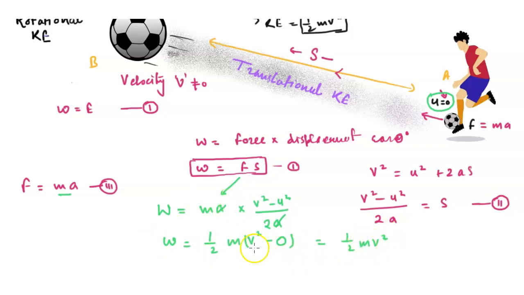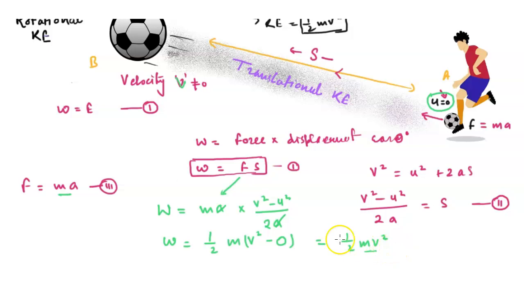Now you can see that this is the work this man has done to make the ball move with the velocity v. The ball will acquire the velocity v. So the work done in order to create kinetic energy is half mv square.